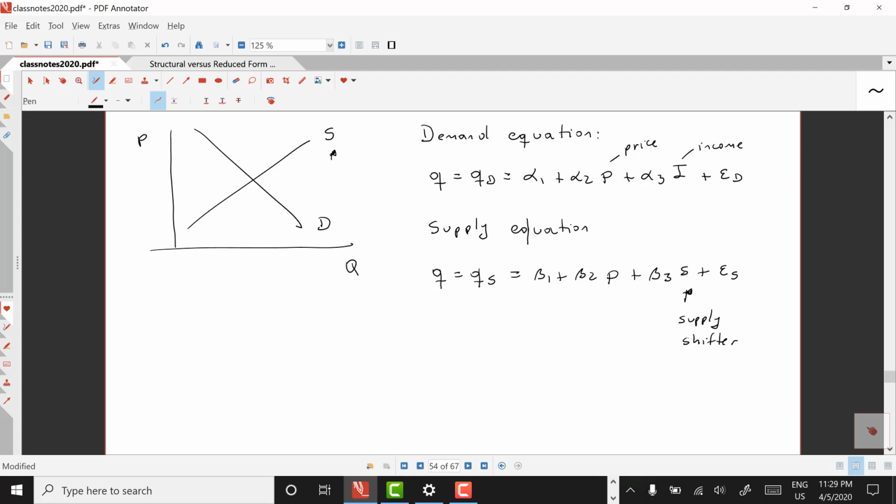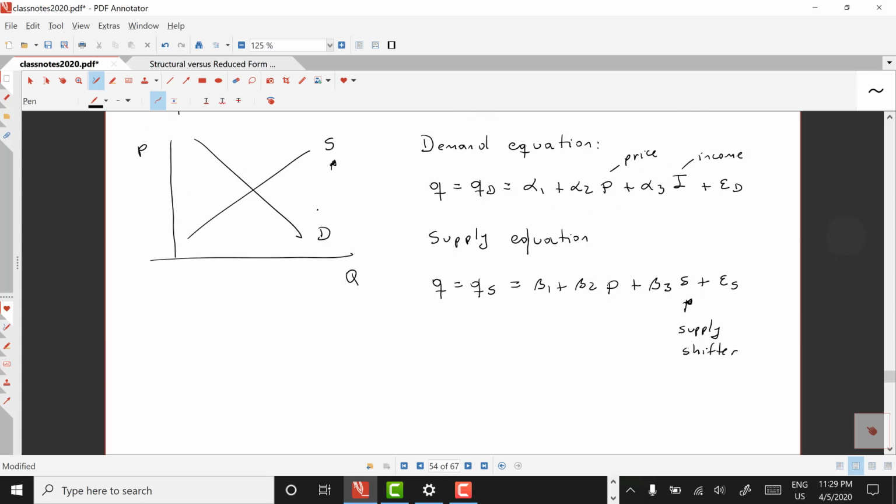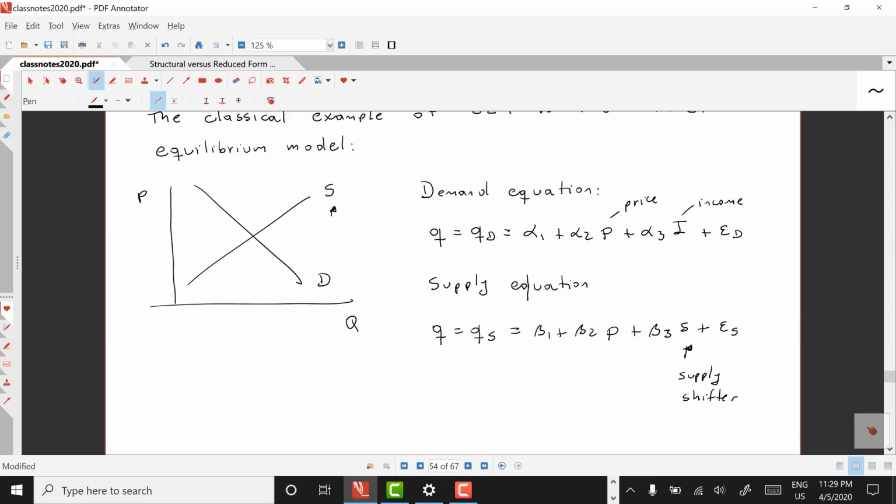On the other hand, in the demand equation, the larger the price, the lower the quantity that consumers are willing to demand. So that's the relationships that we have defined here. This is the demand relationship, and this is the supply relationship.